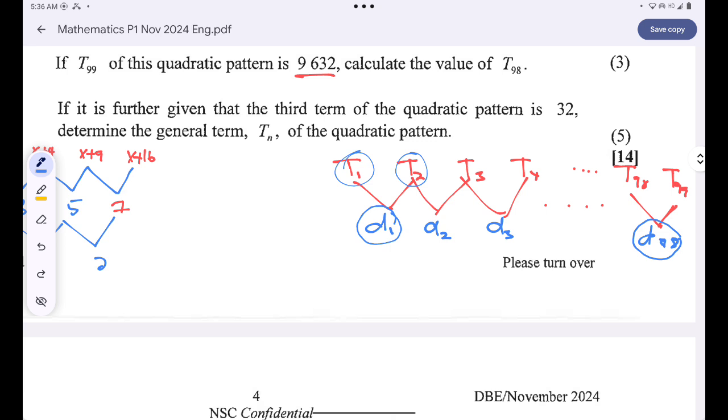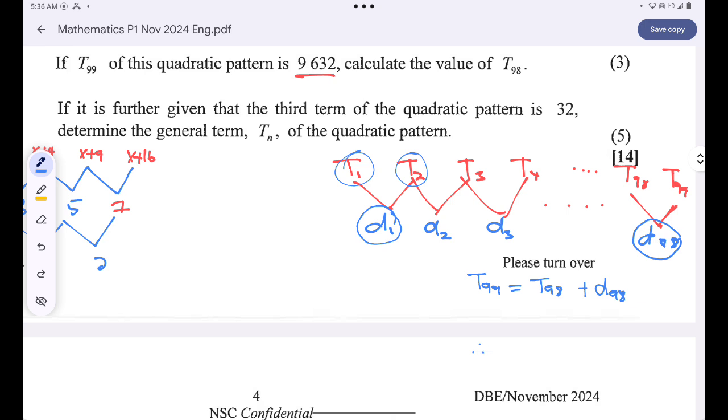Are you together? So remember that, guys, for me to find the 99th term, I simply need to say the T98 of my quadratic sequence plus the 98th term of the first difference.